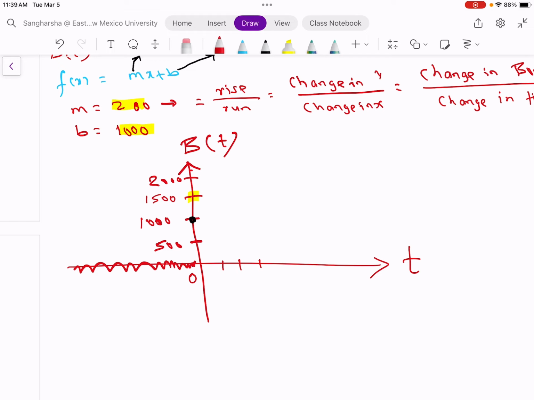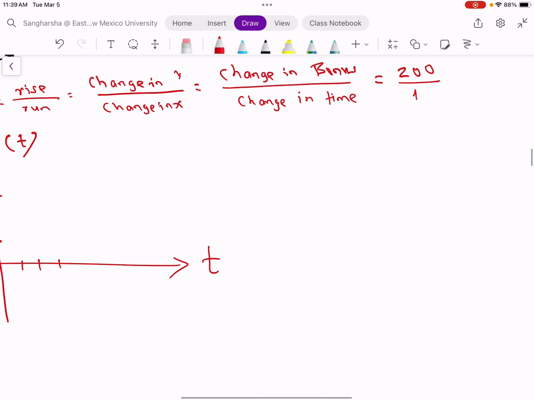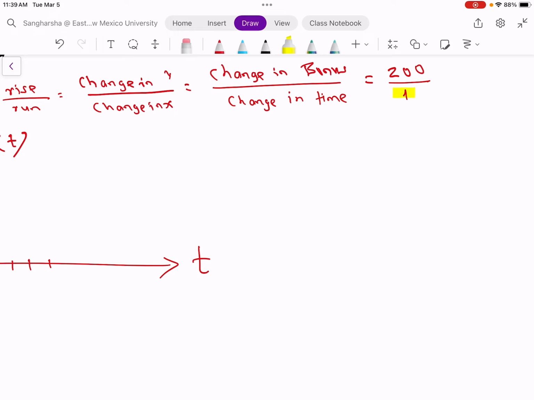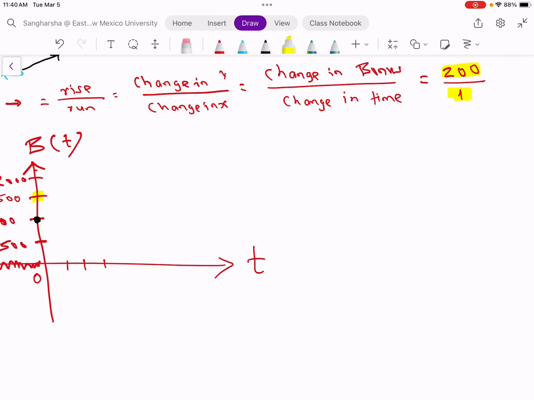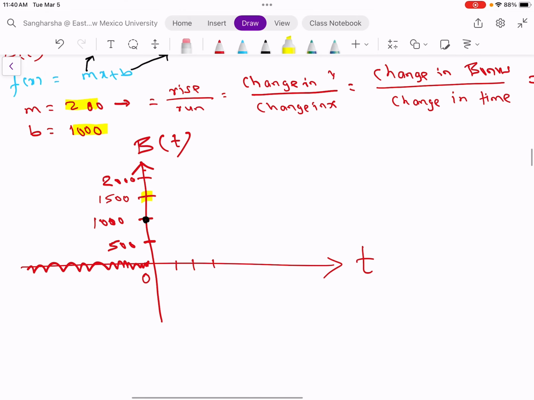Our slope is 200. It means as you move 1 year right, your bonus increases by 200, or you run 1 unit to the right and go up by 200. So we are here. Let's go right by 1 year and up by how many? 200. Let's say this is 1200.